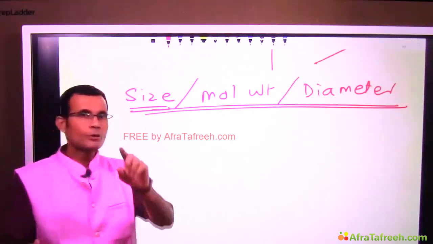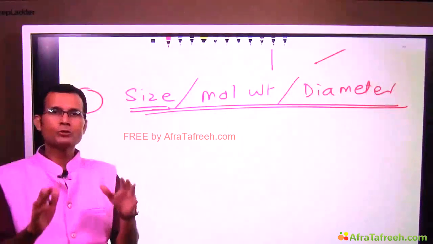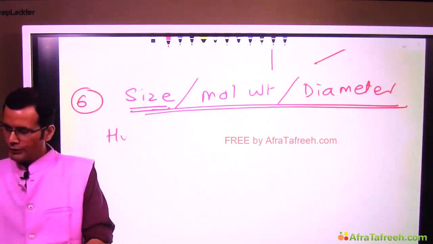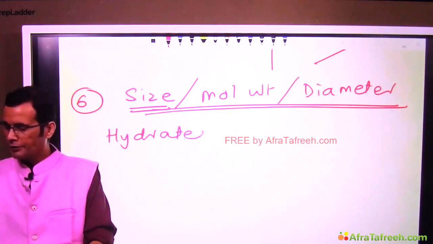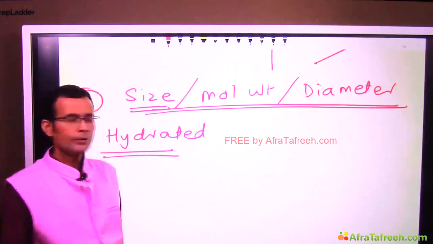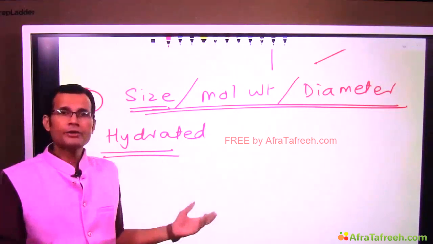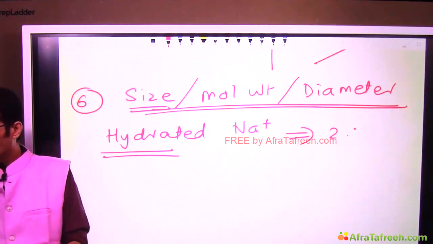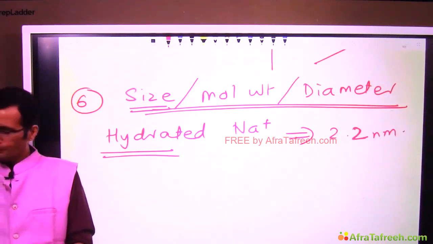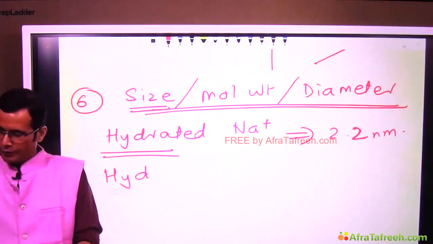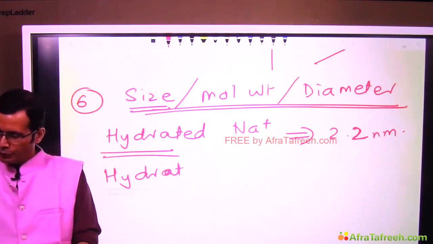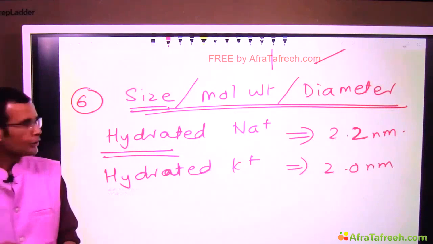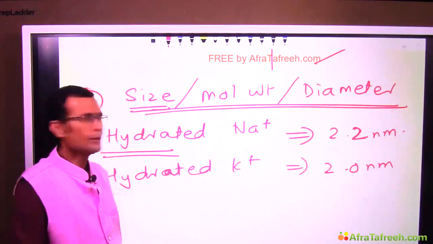Alright. Now listen to the example. We are comparing sodium and potassium. Both these ions are hydrated in the body. Hydrated sodium has a diameter of 2.2 and hydrated potassium ion has a diameter of 2.0 nanometer.